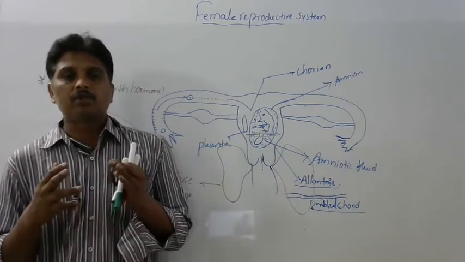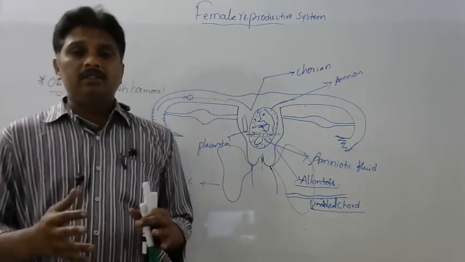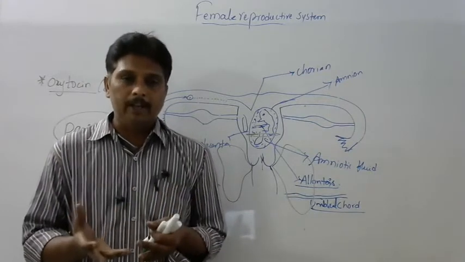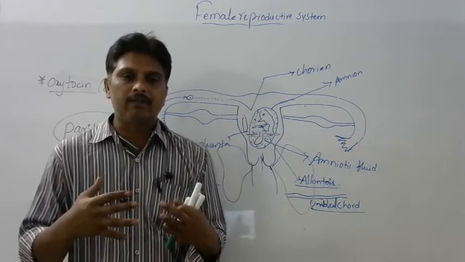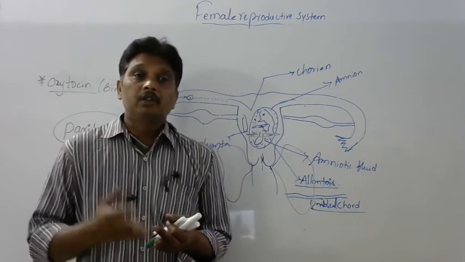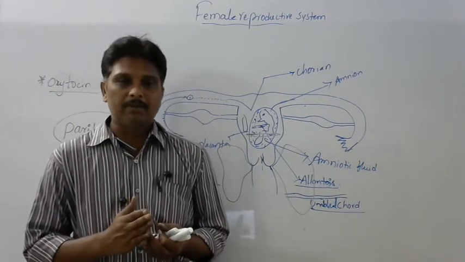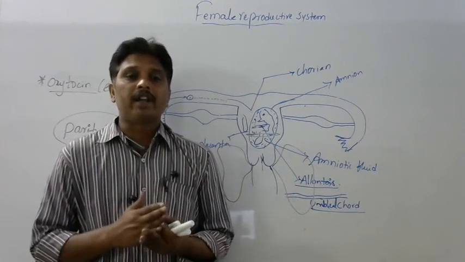If the mother eats a balanced diet, she can feed the baby with good quality milk. If mothers take a poor quality diet, they cannot feed their babies with good quality milk. It means the child's health completely depends upon the mother's health. Please remember that.